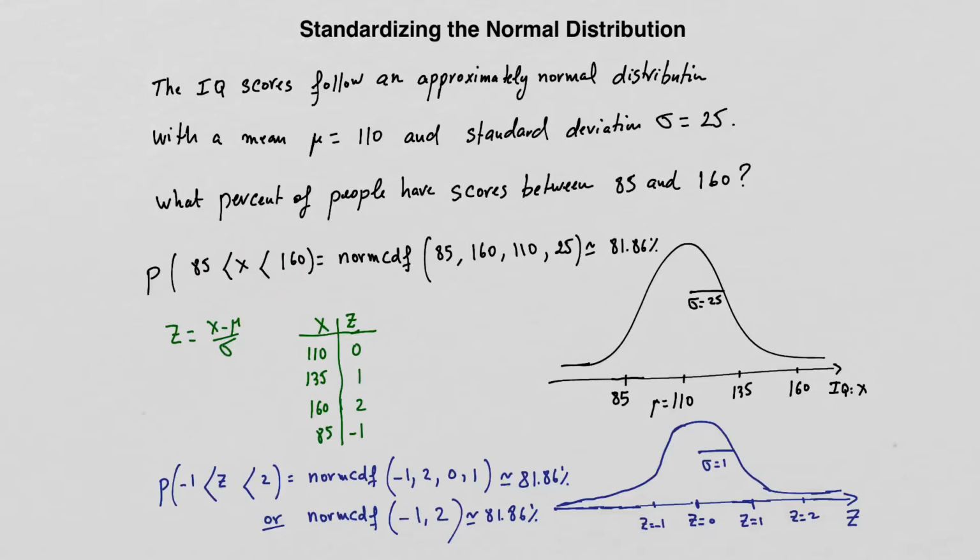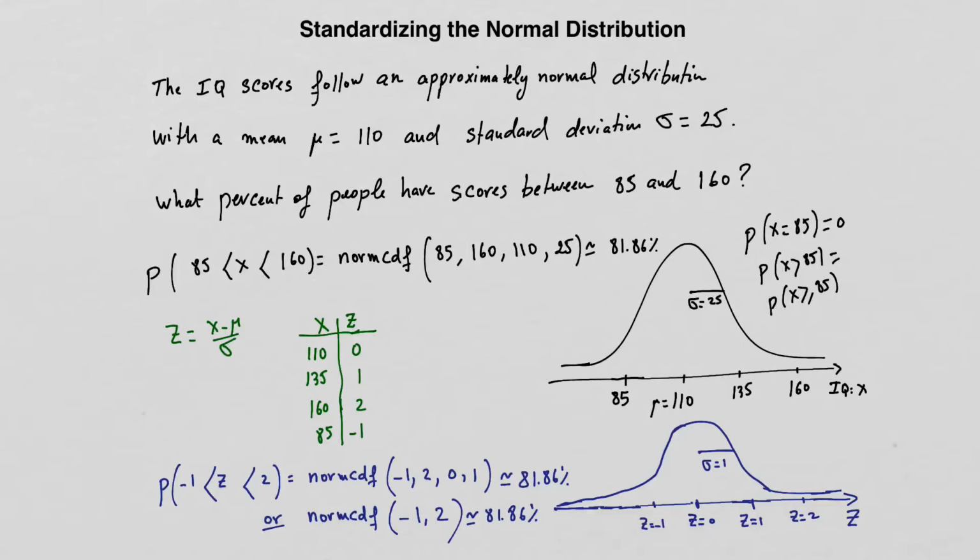We have already addressed whether or not 85 should be included or not included. Same thing with 160. Nobody cares. Whether you include it or you don't include it, the area under one number is always zero anyway. The probability that X equals 85 is precisely zero. So whether I write more than 85 or I write greater or equal to 85, they're going to have to be the same anyway.